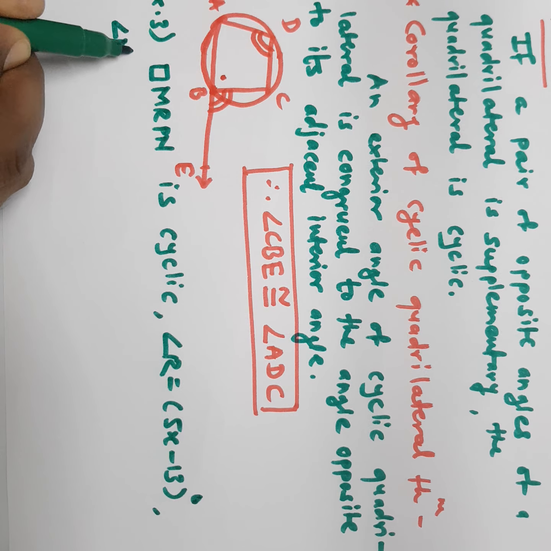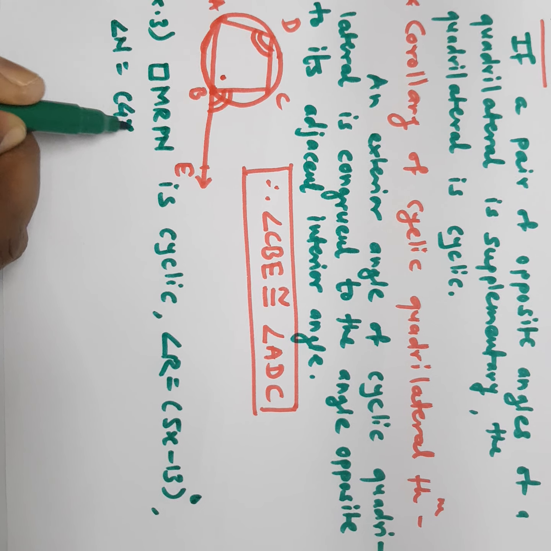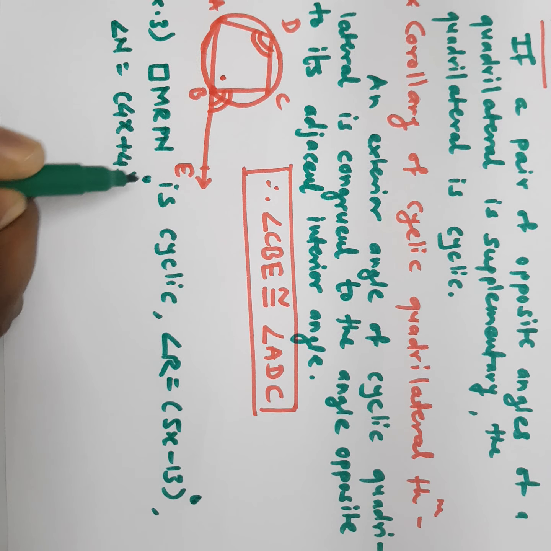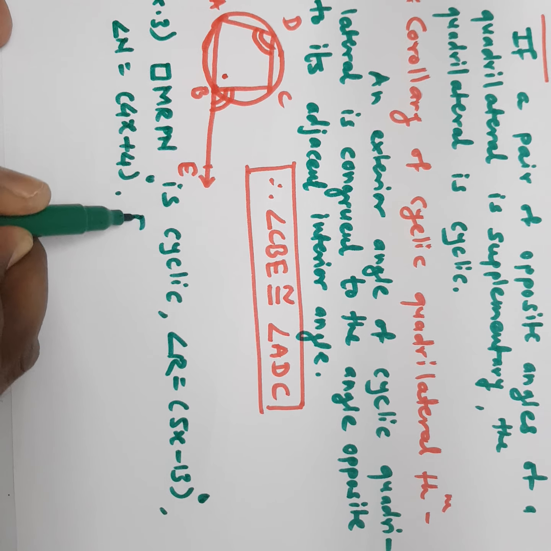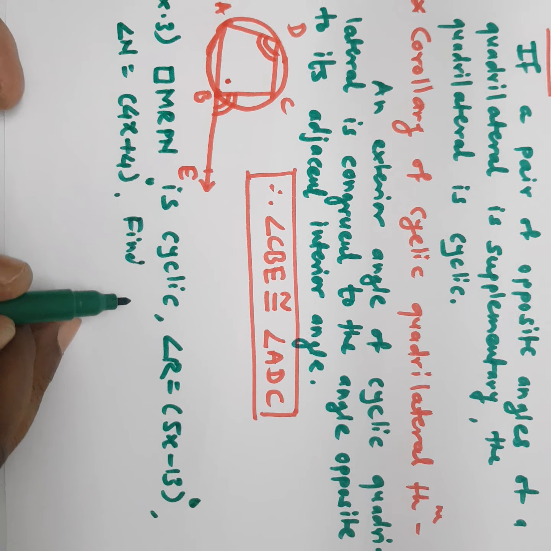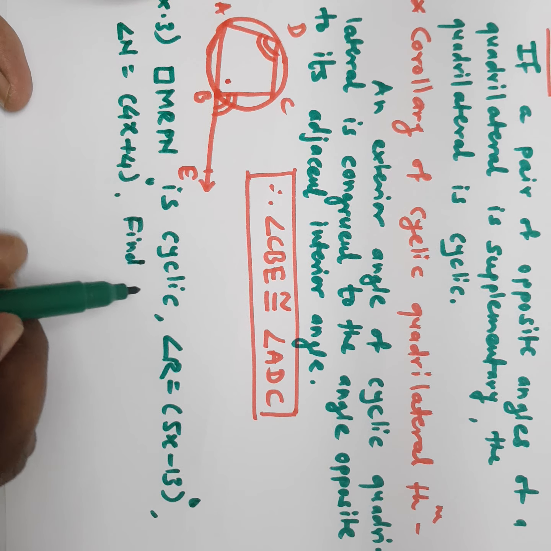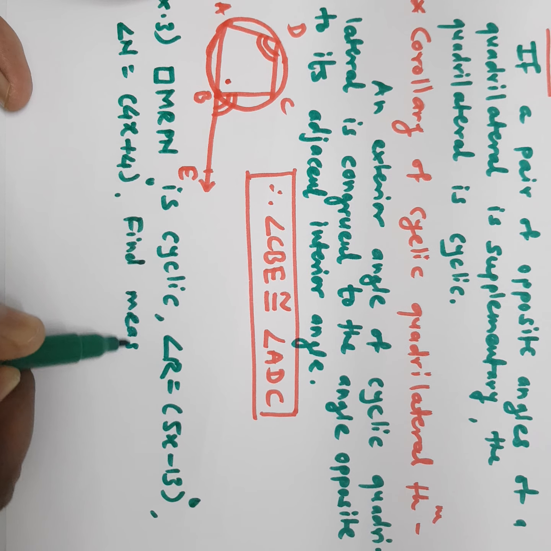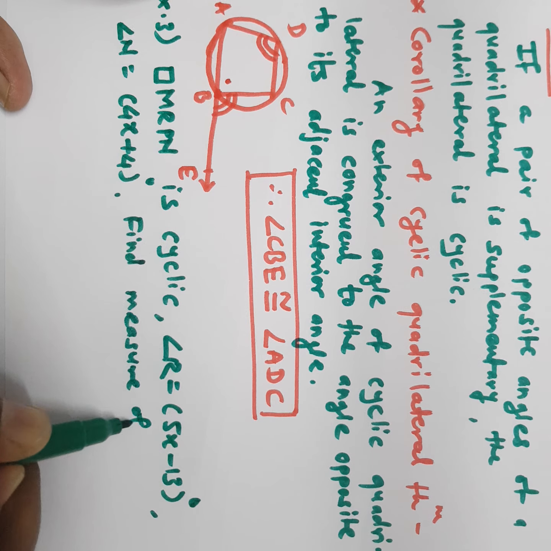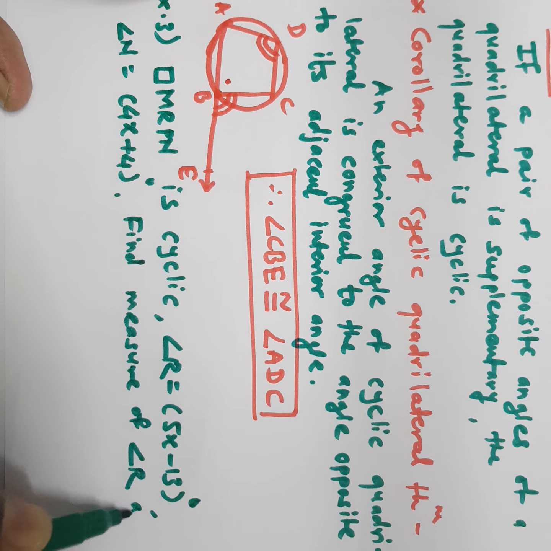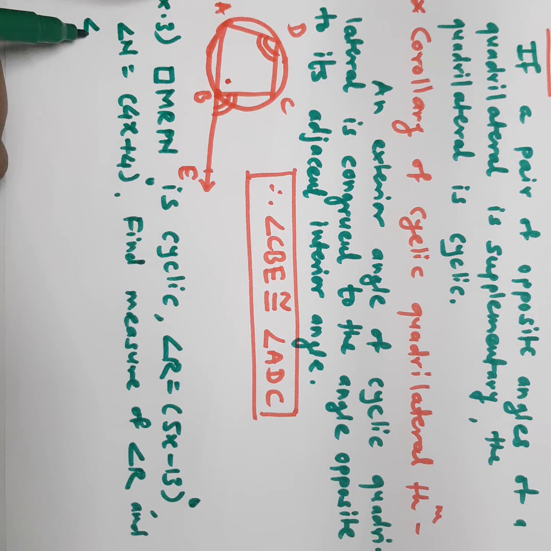Angle N is equal to 4x plus 4 degrees. Find the measures of angle R and angle N.